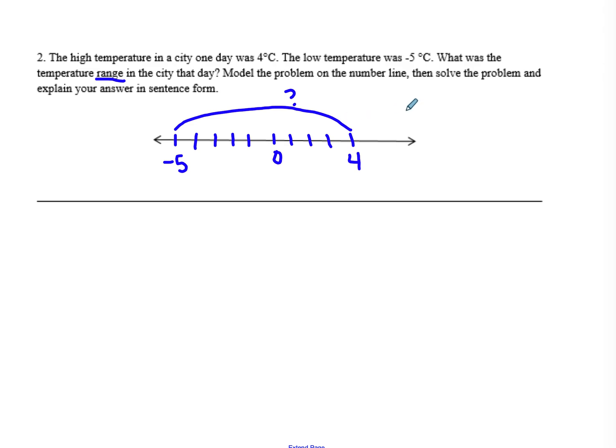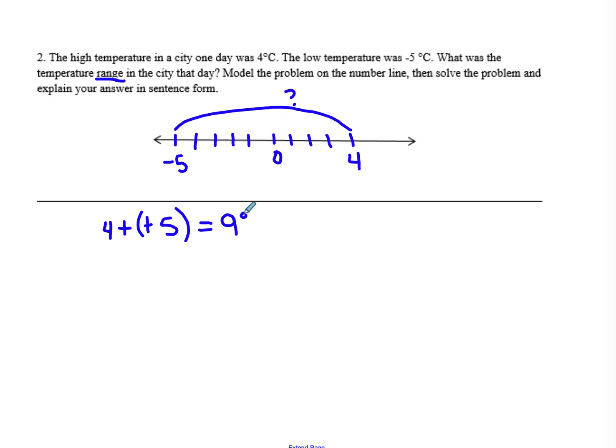So I need to know this part. How much is it going up by? What's our range? Greatest, 4, minus least, negative 5. All right, I'm going to go ahead and just write it underneath here where I have a little more space. 4 greatest minus negative 5 least. Boom, change to addition. Boom, change the sign. 4 plus 5 is 9. Story problems need a label.